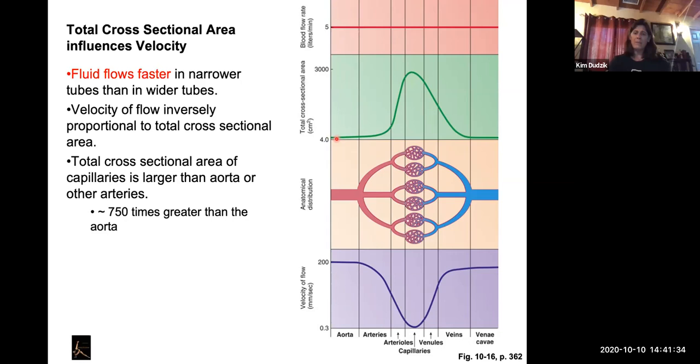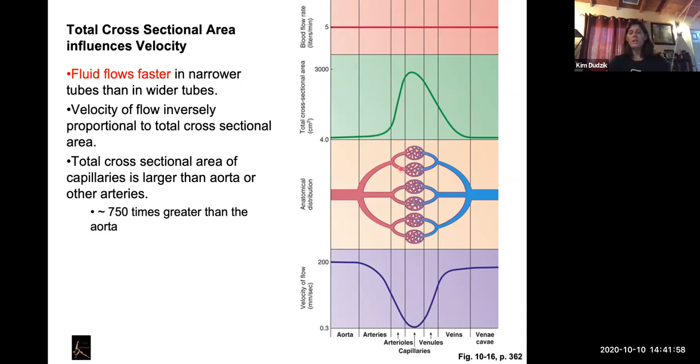It's about one of those, so it actually travels at this speed. When we get down to the smaller arteries, there's more of the smaller arteries than the aorta. So if you add up the total cross-sectional area in each one of these, we're going to get more than 4. This is what, maybe 6 to 10, right?